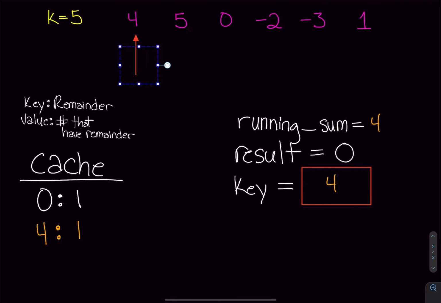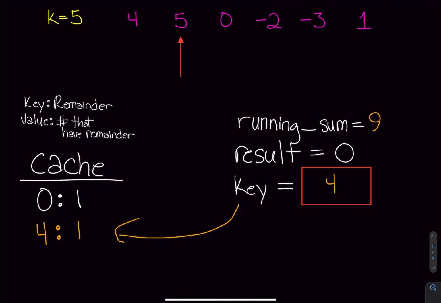Then we're going to go to the next value, which is 5. And remember, we're going to recalculate this key. So now the running sum is going to be 4 plus 5, which is equal to 9. Now 9 mod 5 is going to be 4 again. And now we're going to check to see if this key value is in our cache system, and we can see that it is.